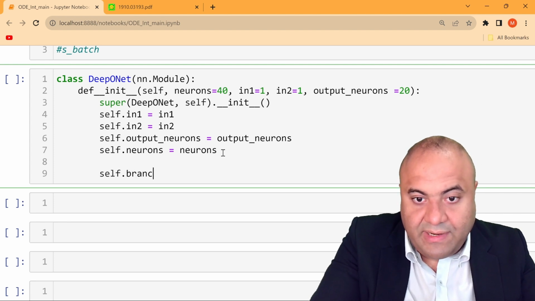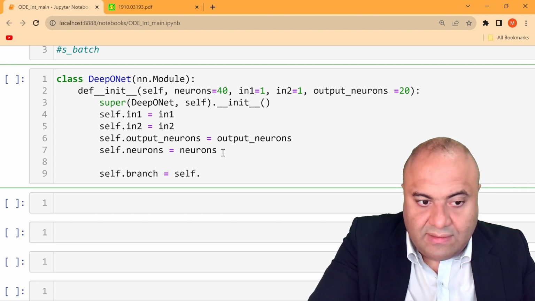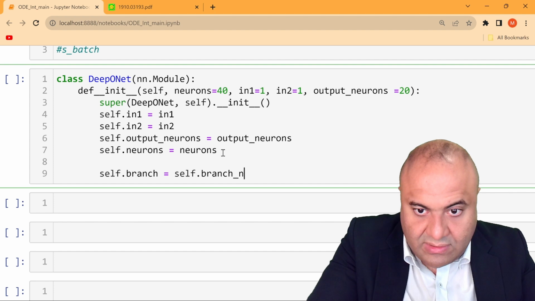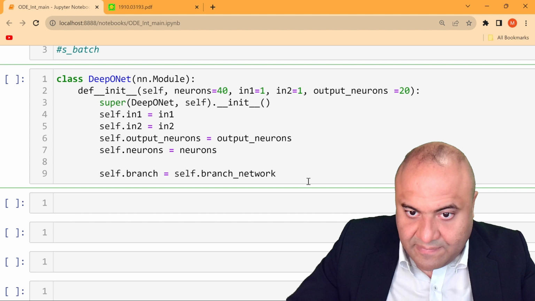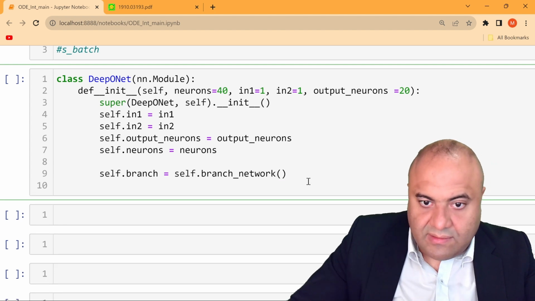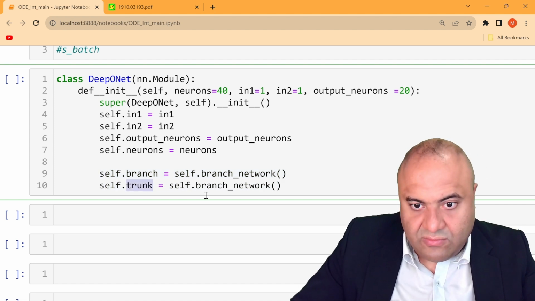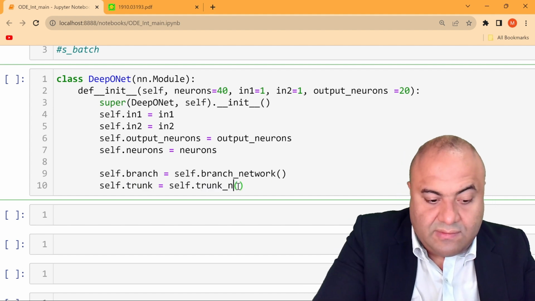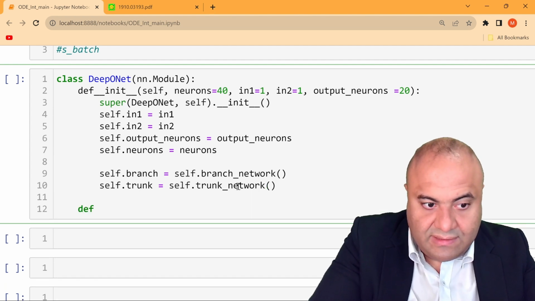So self dot branch network is going to be branch network, and self dot trunk network is going to be trunk network. Now we define these networks.